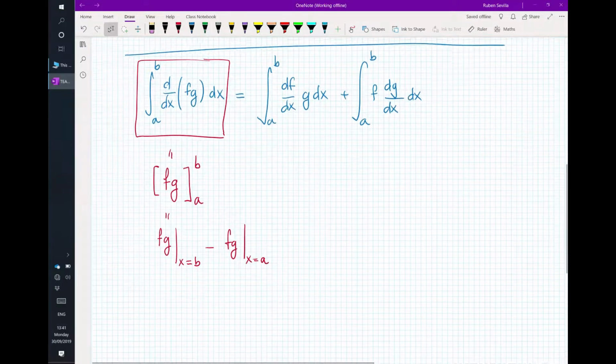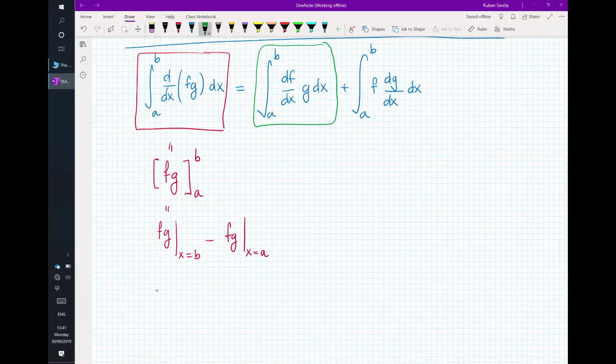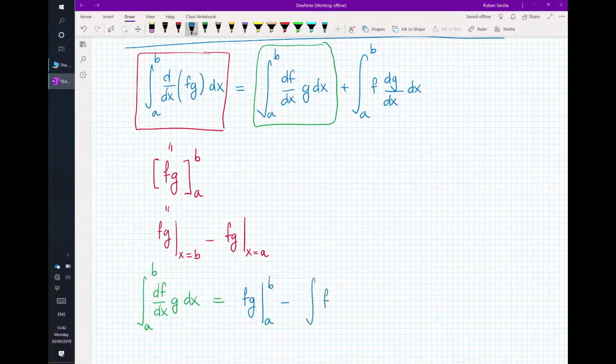And now I'm going to rearrange. I'm going to put the green to one side and the rest to the other side. So you have df dx g, and then the rest I'm going to put on the other side. So I got fg evaluated at a b minus the integral of f derivative of g.